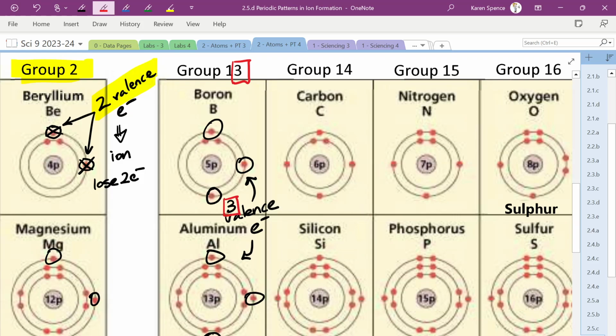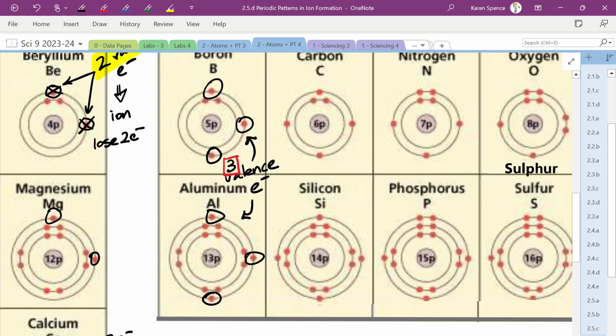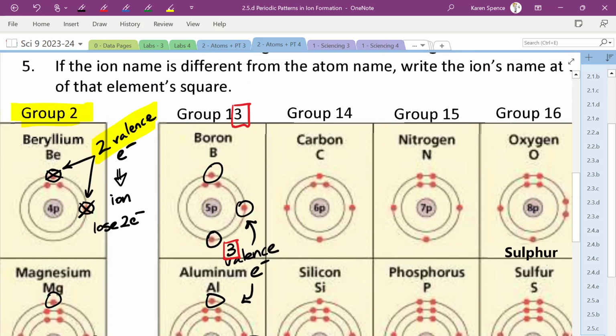Oh, isn't that pretty? Group 2 has 2 valence electrons. Group 1 has 1 valence electron. Group 13, all you have to get rid of is that little 1 at the beginning, and it's got 3 valence electrons. And group 14 has 1, 2, 3, 4 valence electrons.